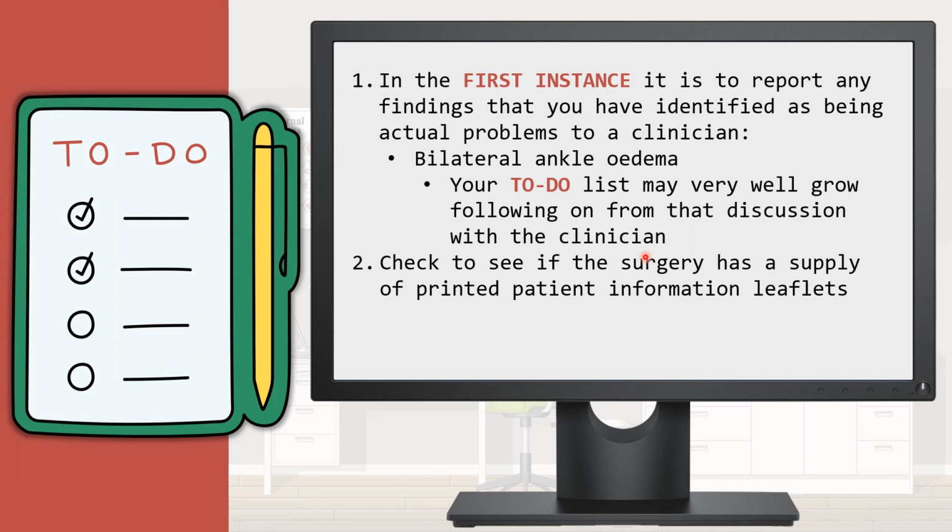And while you're on that Heart Foundation website, there's no harm in ordering other leaflets as well. It might be that the surgery has not kept itself up to date with leaflets because of the arrival of the internet. And I think that's about it on our to-do list.